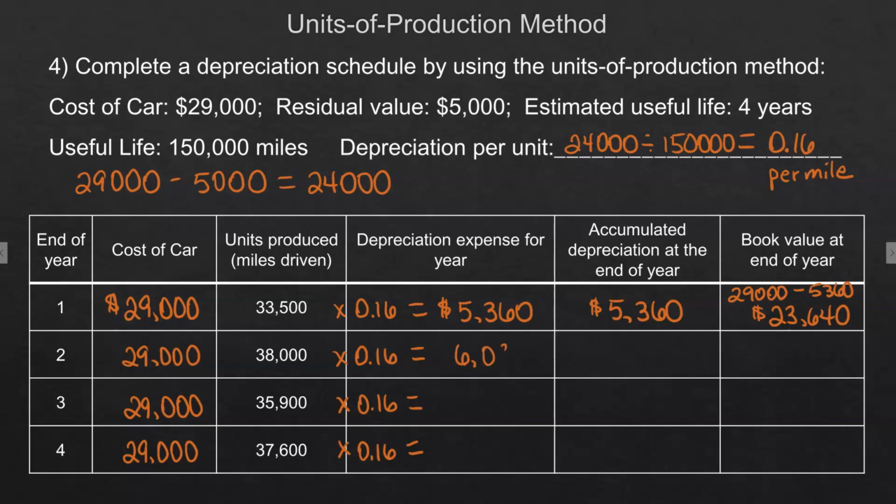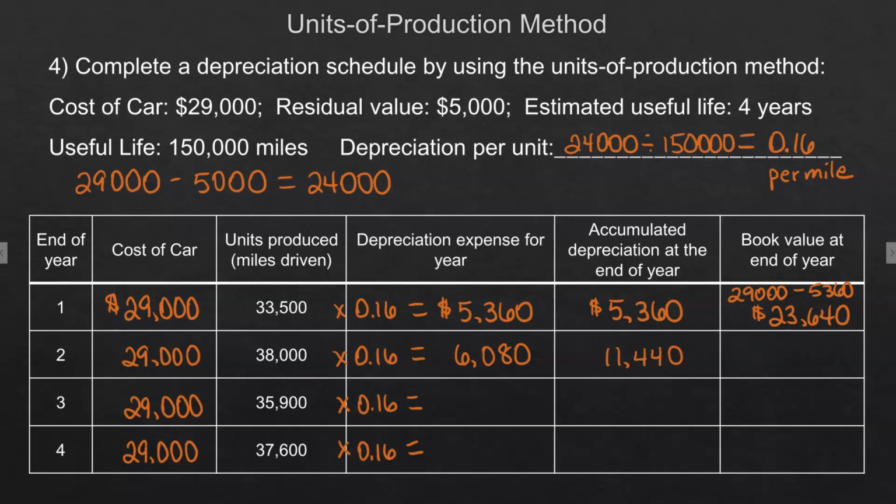So now the depreciation with 38,000 miles times 16 cents is 6,080. We add that to the 5,360. So for this year, the accumulated at the end of year 2, we've accumulated $11,440 in depreciation, and we subtract 6,080 to get this next amount.